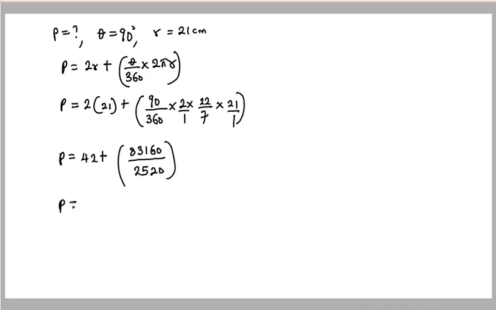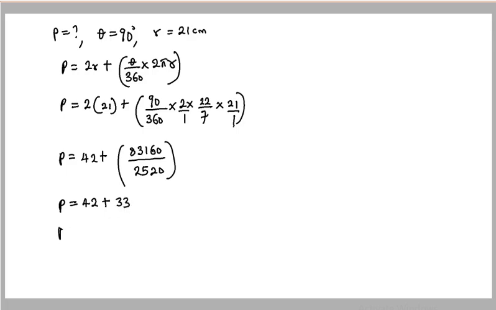Then P becomes 42 plus, dividing this figure by 2520, we get 33.